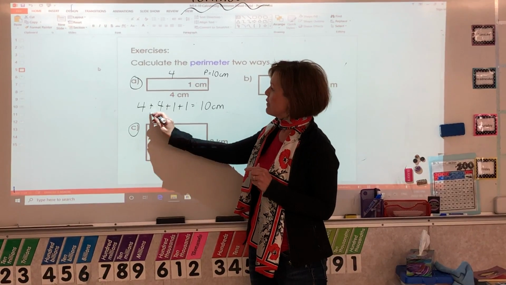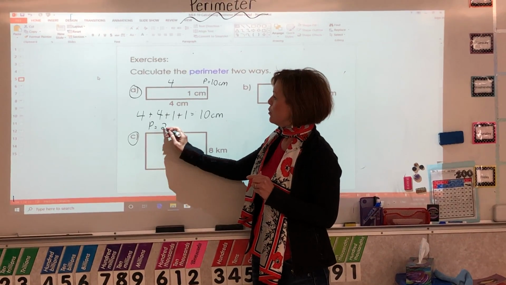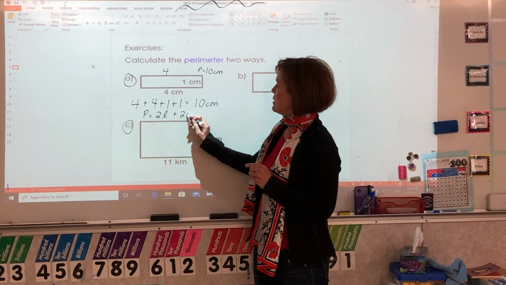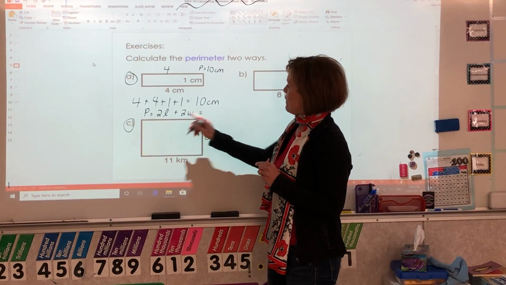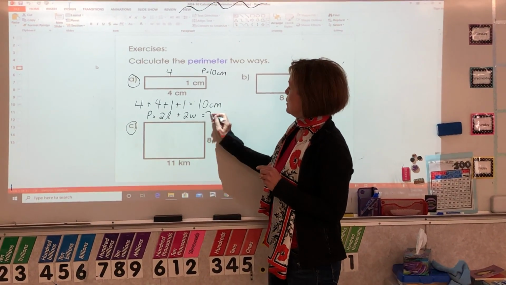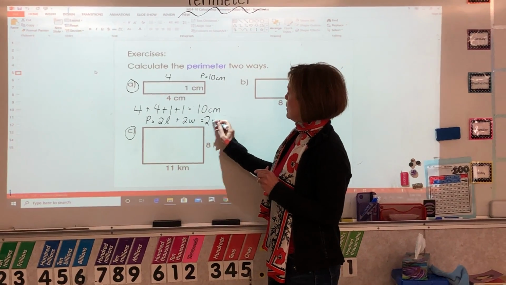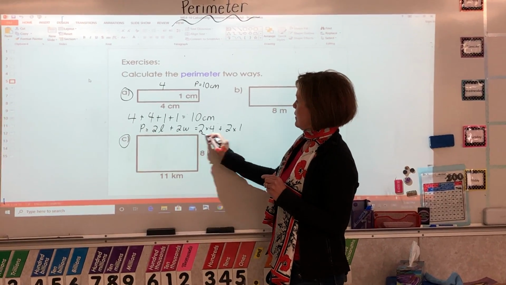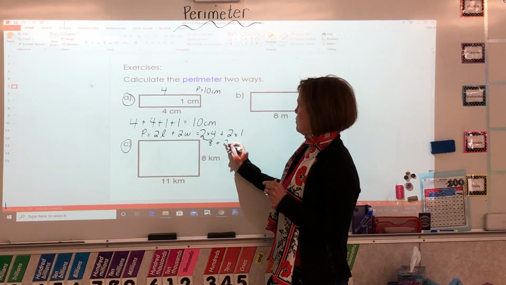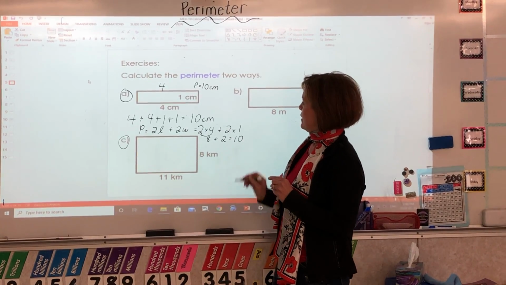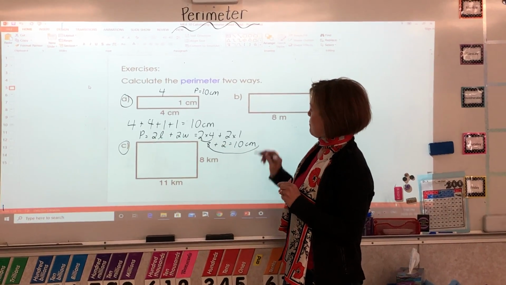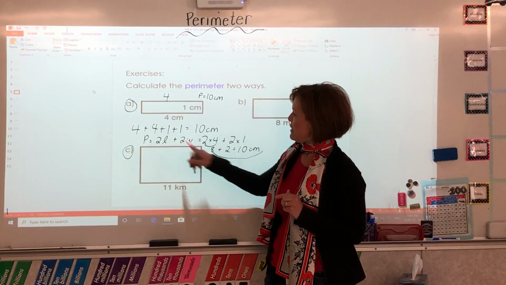And then our new way with the formula, it equals 2 times the length, 2 L's, plus 2 times the width, and if I fill in where those go, 2 times 4 plus 2 times 1, that's like adding 8 plus 2, and it equals 10 centimeters.